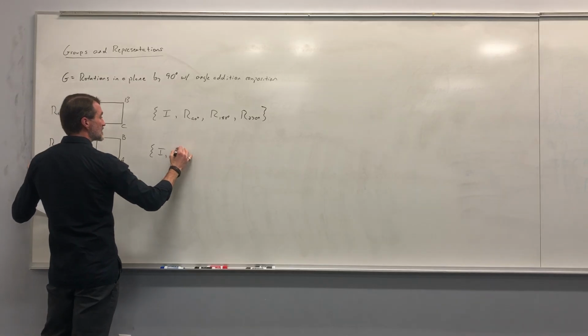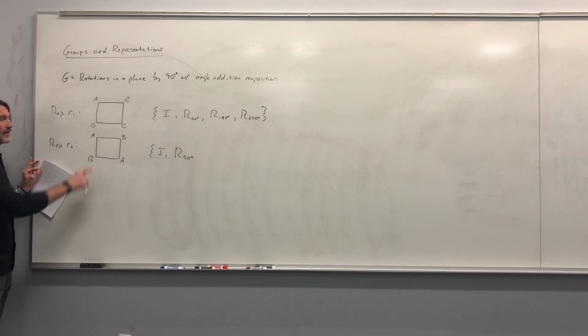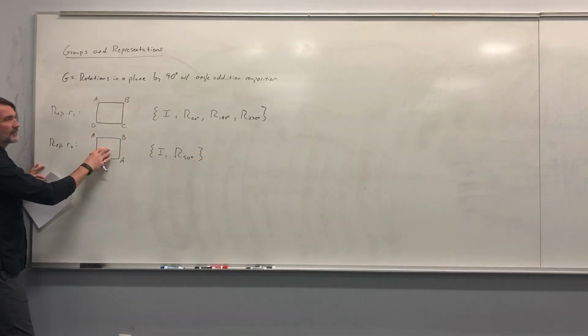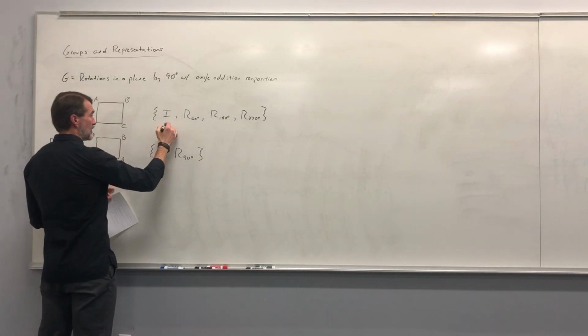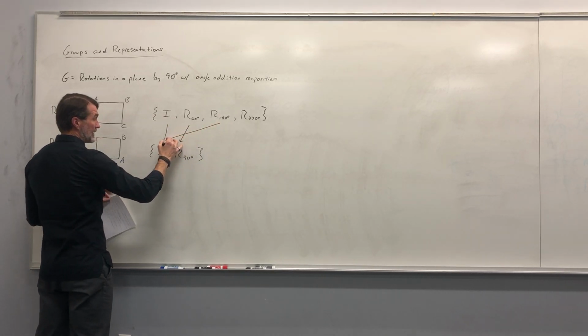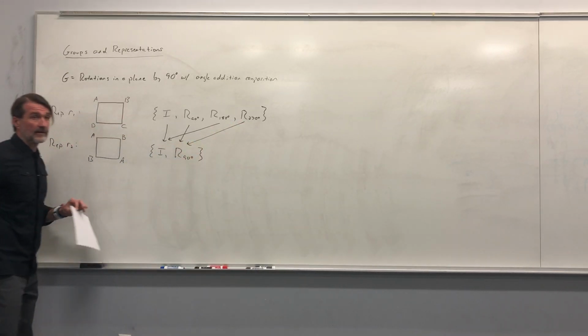So R90 is still new and different. But what if I do 180? A goes to A, B goes to B. It's kind of boring. Okay? And then what about 270? It gives me the same thing I got when I did R90. So what we're discovering is that this representation is what we call degenerate. Basically, I goes to I, R90 goes to R90, but R180 gets mapped into the identity in this case, and R270 gets mapped into R90.